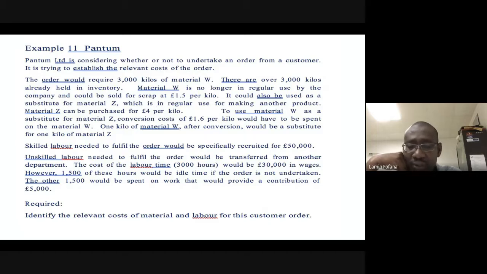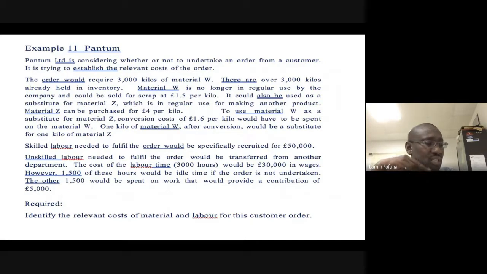Everything is costing 30,000, and this 30,000 is broken down into two: 15,000 is idle time, and the other 15,000 is the use of the other department. So that 15,000 will be relevant. And if the work is executed, we are going to lose a contribution of 5,000, and that loss of contribution will also be a relevant cost.